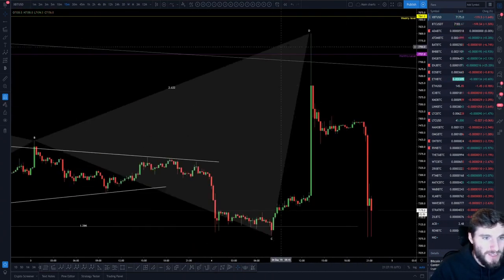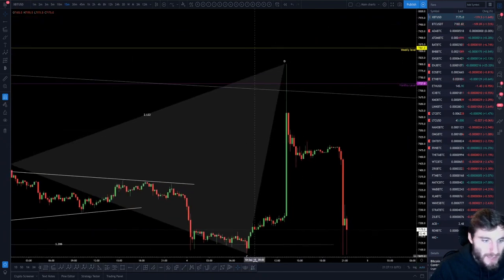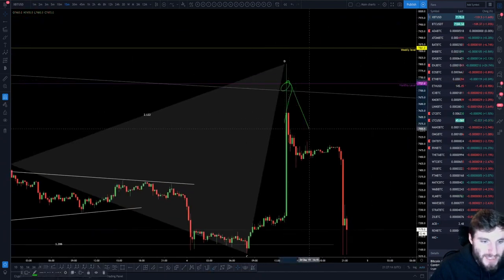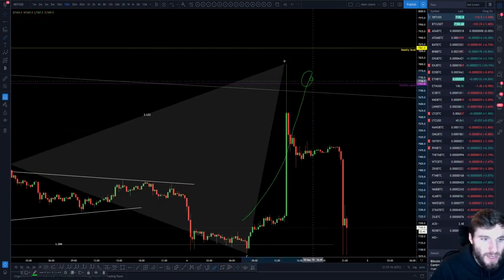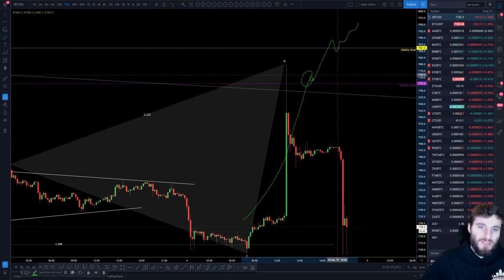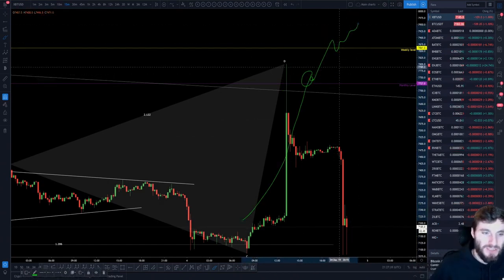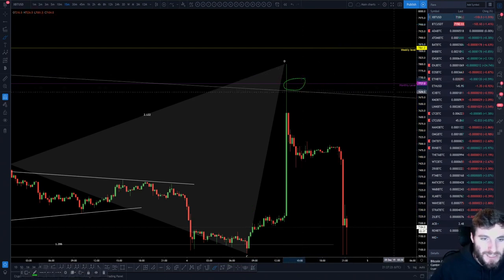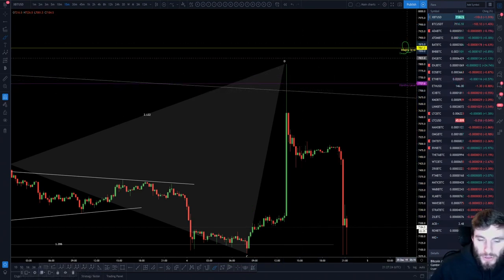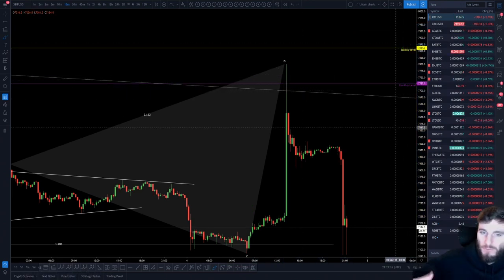For instance, if we had claimed this monthly today, if price had closed above instead of getting rejected here and moving down, you'd get a totally different picture right now. So you need to see the reactions at each level to have an idea of what's happening next.